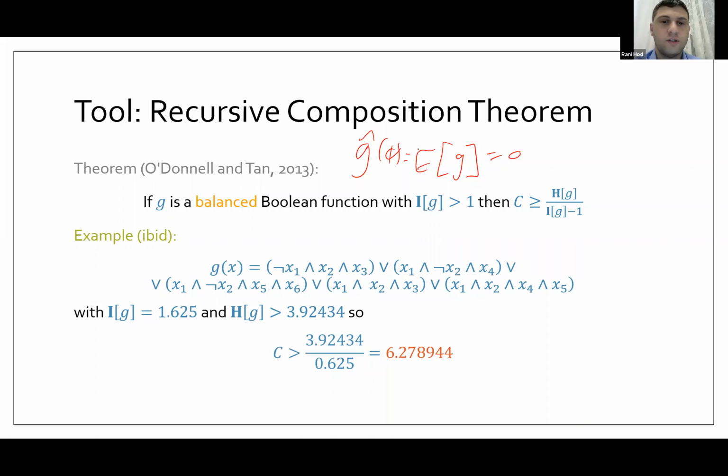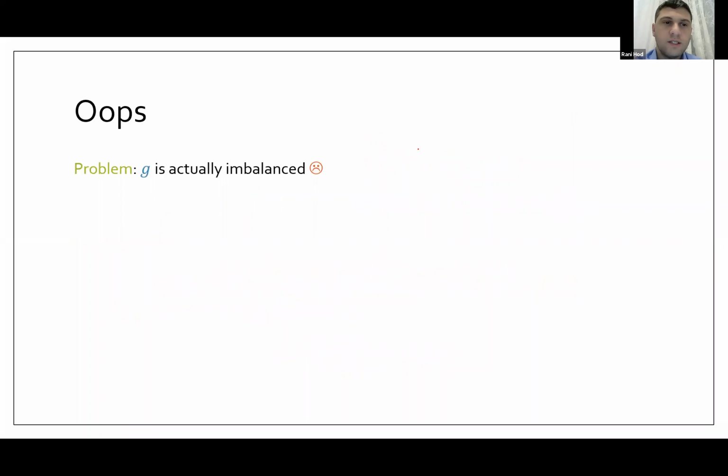So once we have this tool, we can just take some function and use it. So here's a function, and you can compute the influence, and you can compute also the entropy and get some nice bound, 6.27 something. Well, looking at this function, there's something weird. Why would you have these two clauses? It makes no sense to have one clause with x1 and one clause with not x1. And actually, it's not a balanced function.